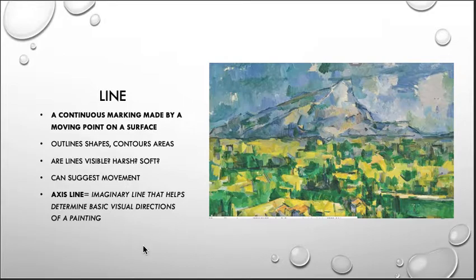A term to know here is axis line. This is an imaginary line that helps determine basic visual directions of a painting. So we might see an axis line here moving us up the mountain toward the sky. We see a definite axis line in the middle of the painting that's dividing the landscape from the mountain itself.